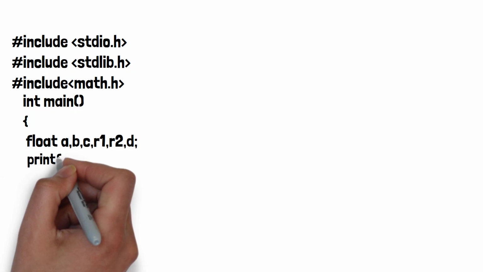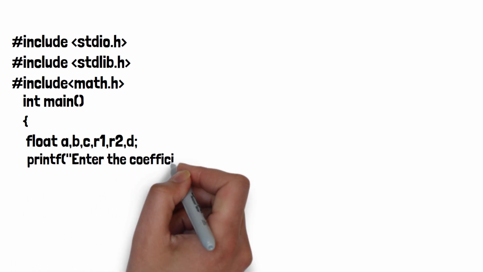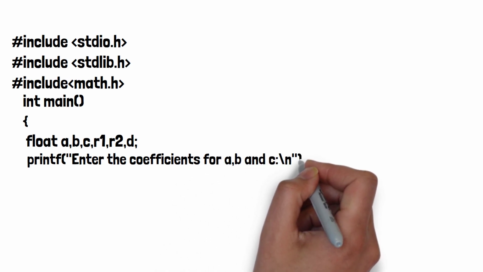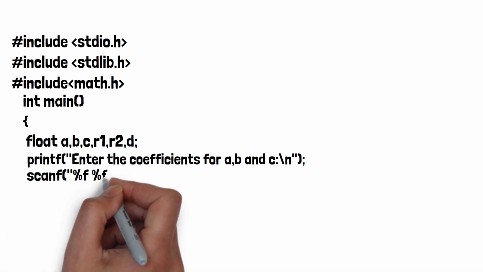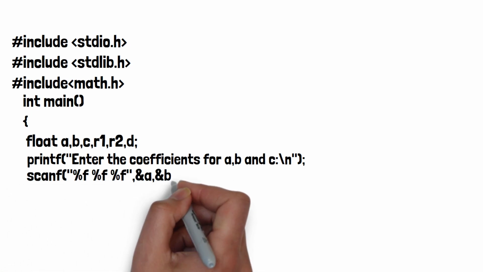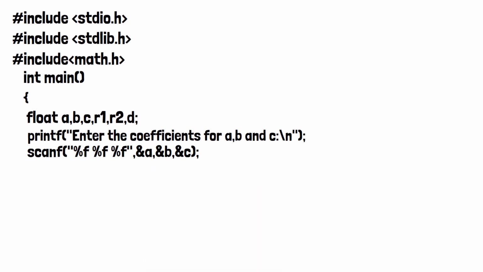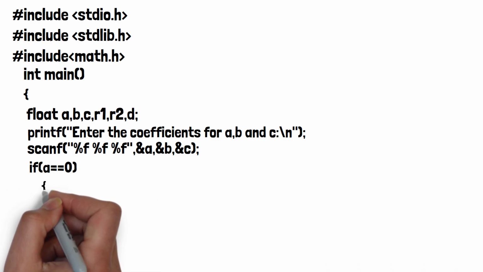Next we are printing a statement stating to enter the coefficients of A, B and C. We are using the scanf function to store the values of A, B and C entered by the user. For this we are using %f, %f, %f, comma A, comma B, comma C. We are using 3 %f since we have three variables entered by the user.